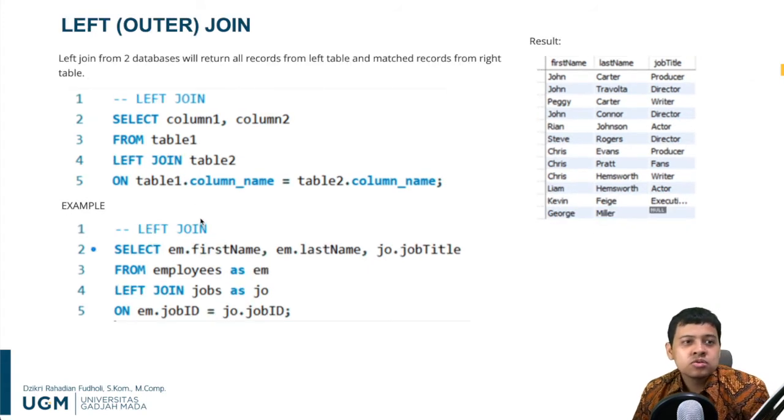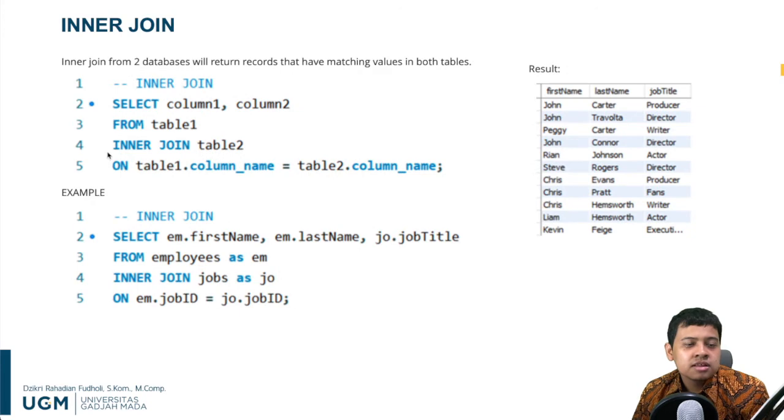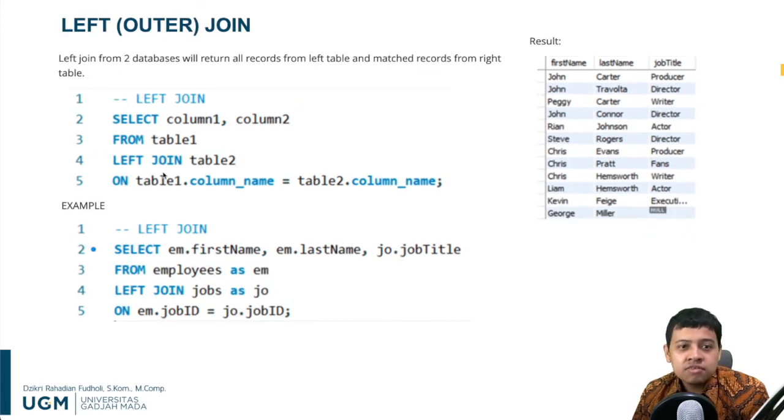Now move on to the left join. The only difference from the inner join is the fourth line over here, which says inner join, but right now it's left join. This is the same example as the inner join, but we'll see. Table 1 is on the left side of the left join, so this one is on the left side and this one is on the right side.